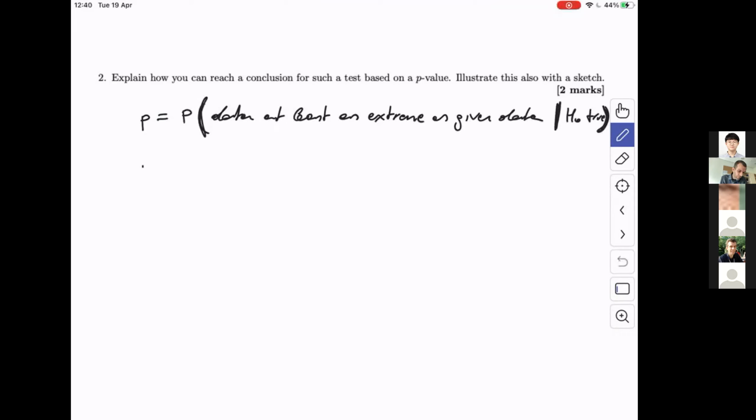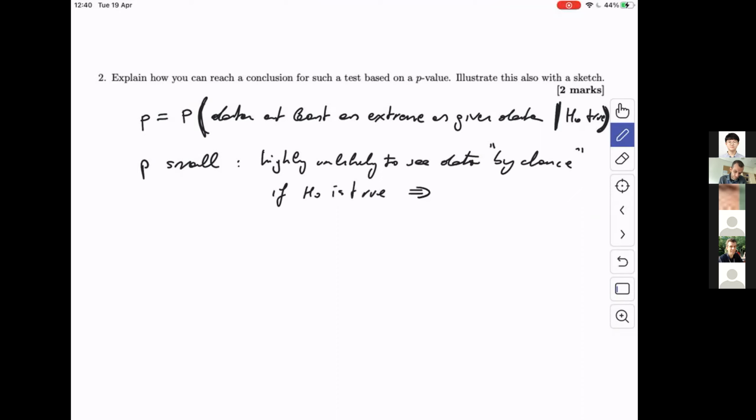And so if the p-value is small, that means that it's highly unlikely to see data by chance if the null hypothesis is true.